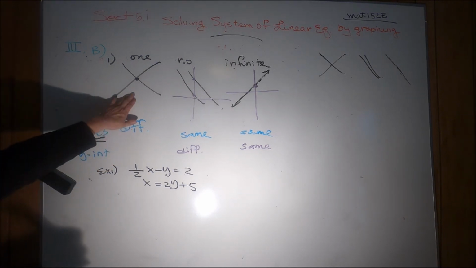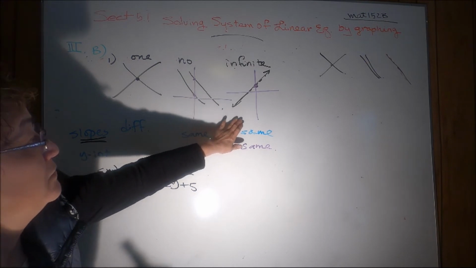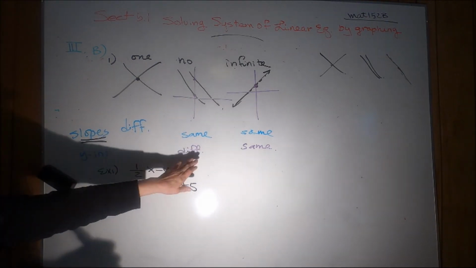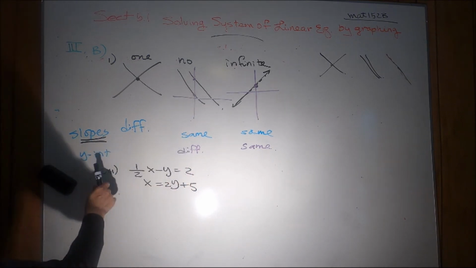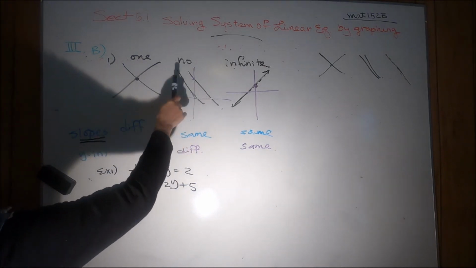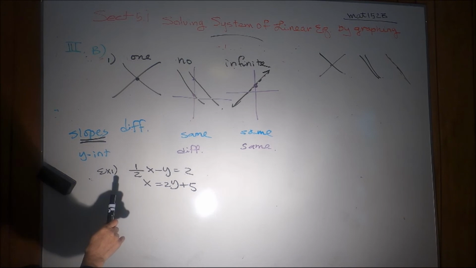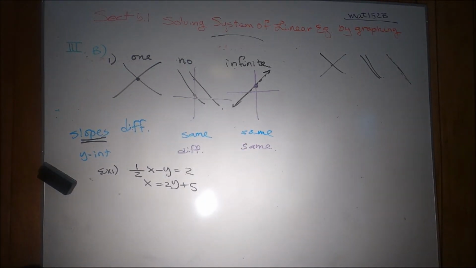If different, we know we have one solution. If the same, we can have two cases. Then further on, you use what? Intercept to decide, right? Intercepts are different, that would be this case. Intercepts are the same, that would be this case.